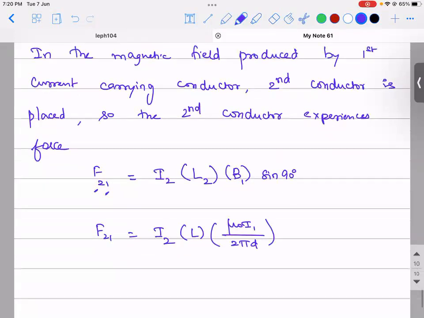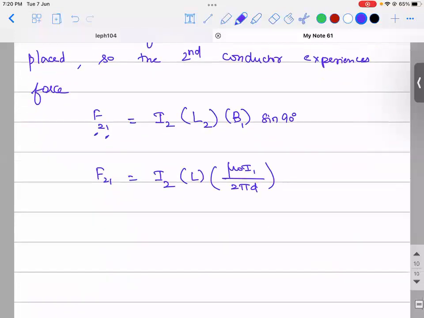Now, this is in terms of magnitude. If you want to write the same thing in terms of direction, you write F21 vector equal to I2 L mu naught I1 divided by 2 pi d in the direction of what?